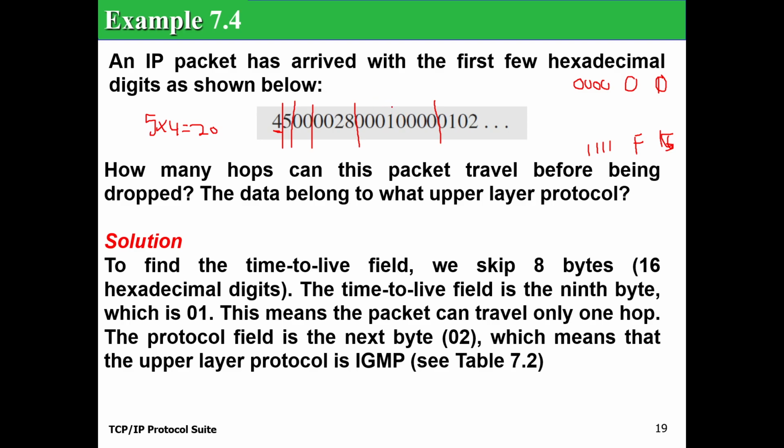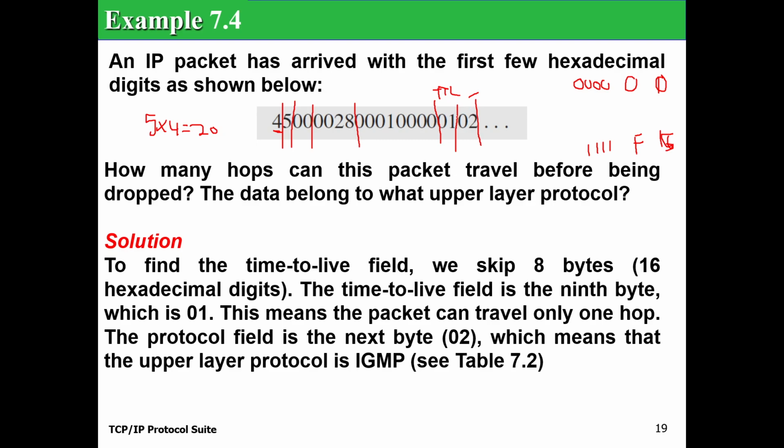So this is for the fragmentation information, right? Then the next 8 bits are for what? Time to live, right? Then the next 8 for what? For the protocol, right? And so on and so forth.